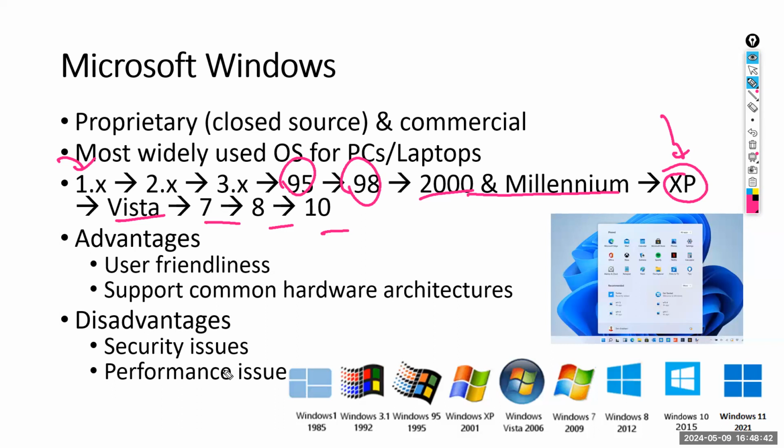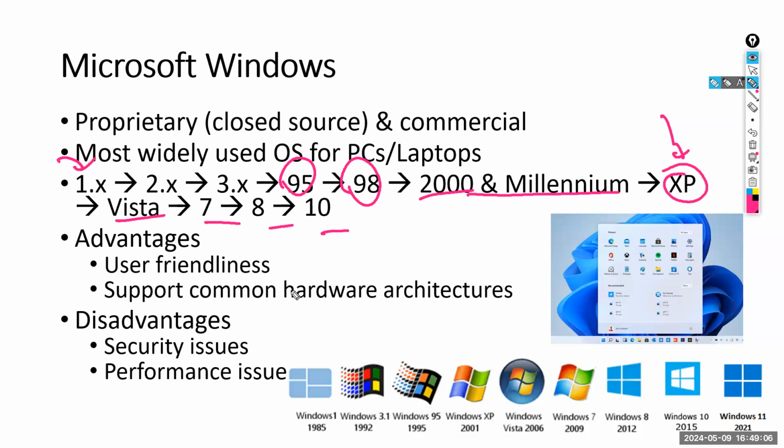The key advantages of Windows operating systems are user friendliness and support for a large number of hardware. Windows OS is meant for non-technical users to do their tasks quickly.